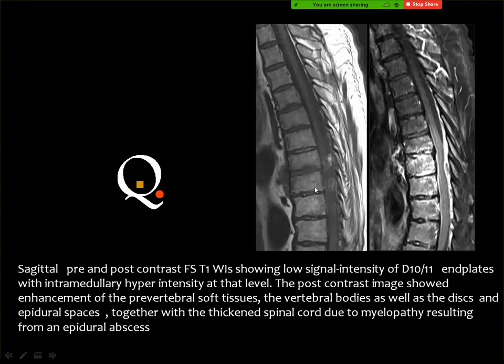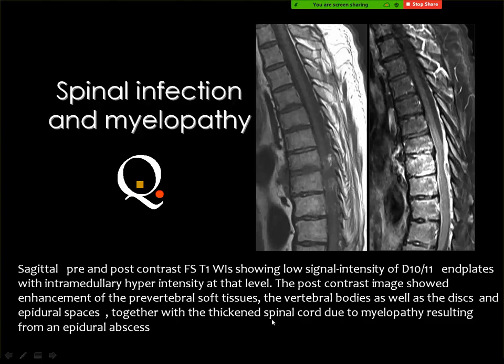This is T1 and this is T1 post contrast. Metastasis? No, metastases do not involve the disc. Spondylodiscitis. Yes, and this is a spinal infection with changes in the cord parenchyma.